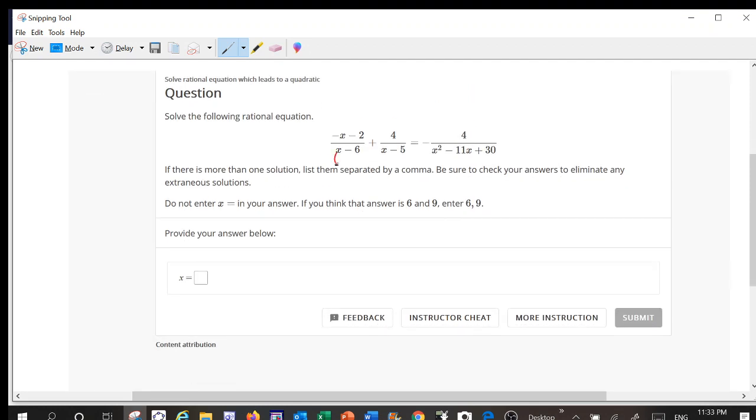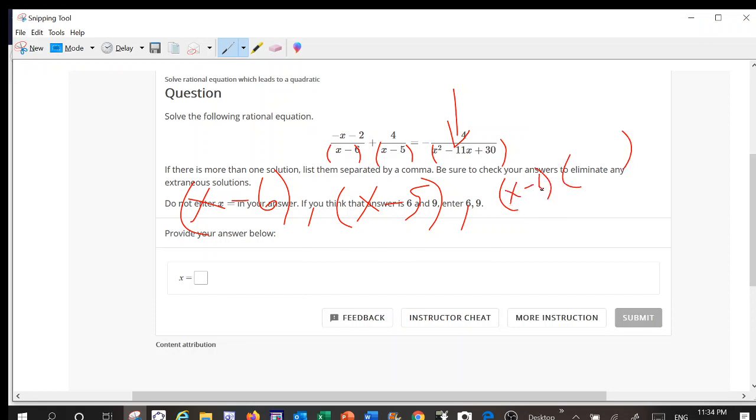So we got x minus 6 here, x minus 6, and x minus 5, and this one right here is actually x minus 6 times x minus 5, because negative 6 times negative 5 is positive 30, and adding them you get negative 11. So how many different factors do we have?